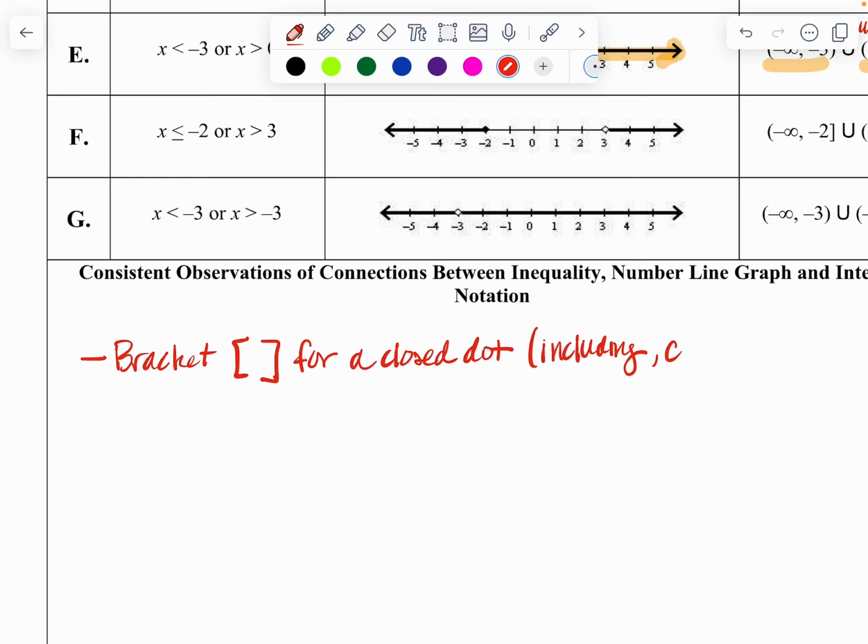Can be equal to. Okay, so use brackets when it's a closed dot or when the inequality has an equal to with it. If it can't equal it, then we use parentheses for an open dot.